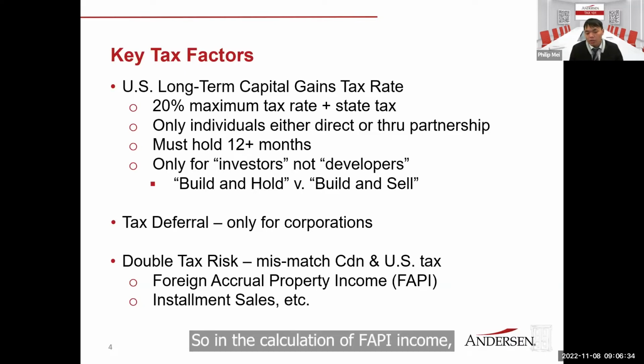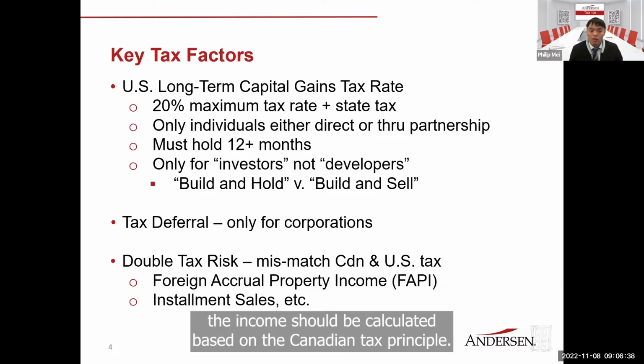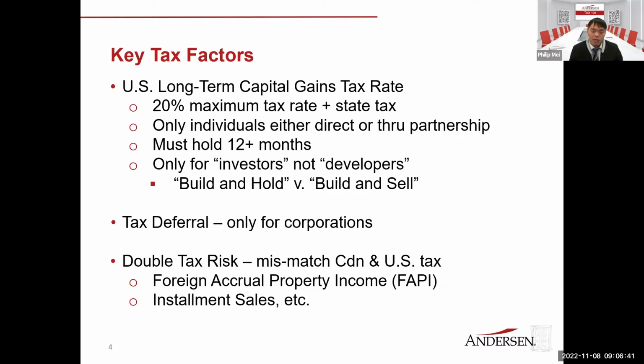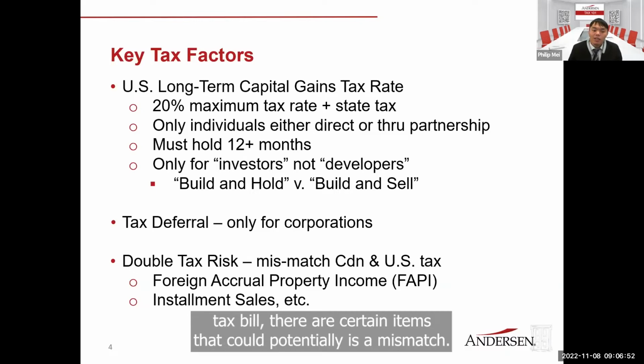So in the calculation of FAPI income, the income should be calculated based on Canadian tax principles. In the case of a US real property, the US tax base is based on US tax principles and the Canadian on Canadian tax principles, so there are certain items that could potentially be a mismatch.